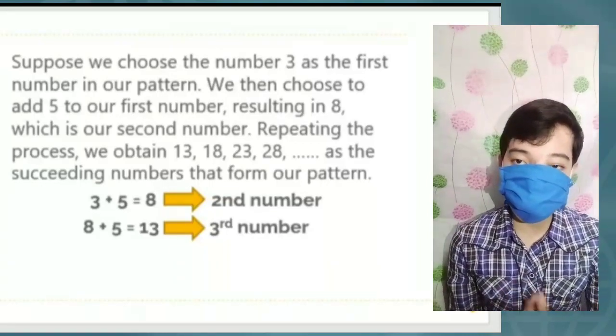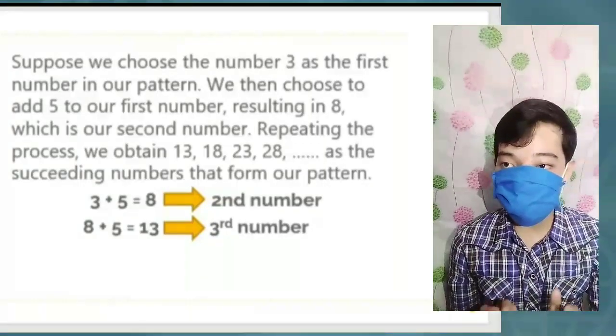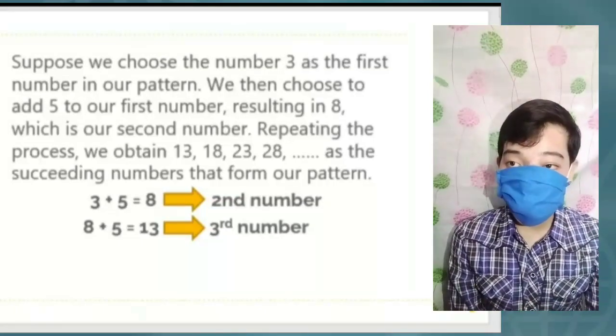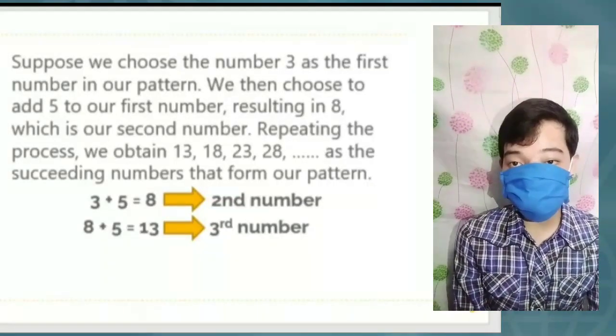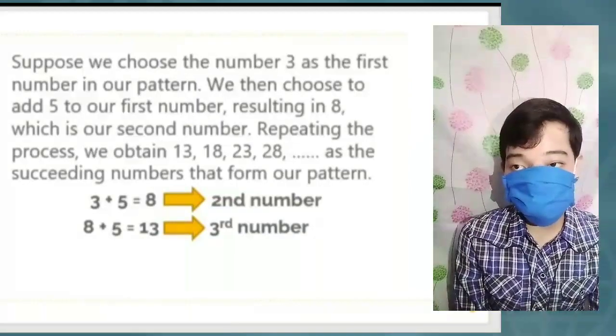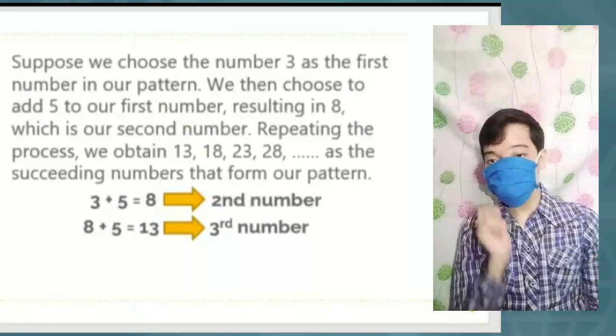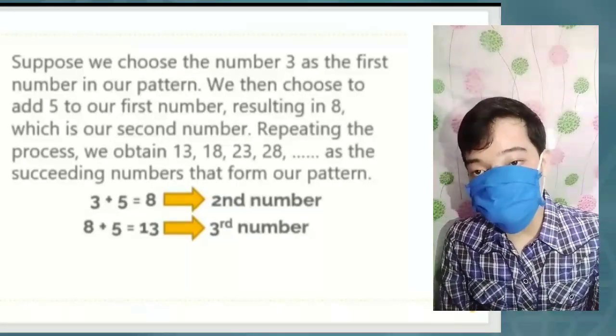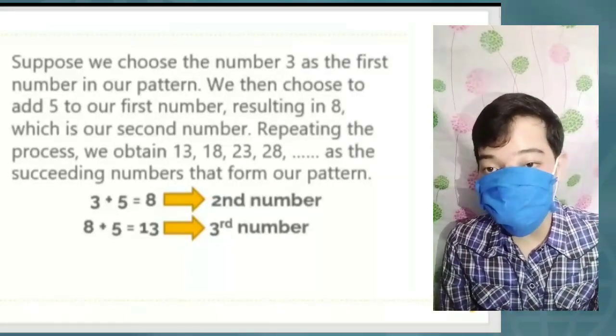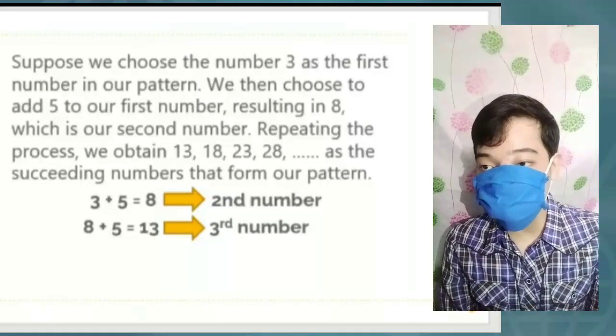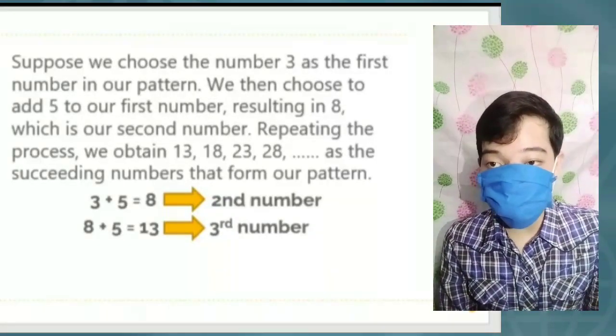Our first number is 3, so if we add 5, we have 8, which is our second number. Then we use the second number and add 5 again, and we have 13. So from 3, we have 13, and adding 5 we also have the pattern of 18, 23, 28, and so on and so forth.